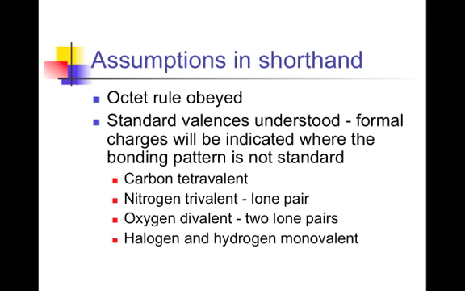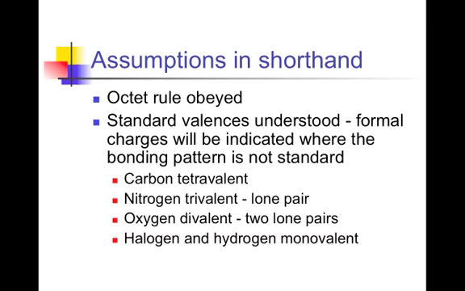When we use a shorthand, the important thing to understand is what assumptions you're making. We're not going to use a shorthand if there are very strange structural features that need to be highlighted. In other words, when we use a shorthand form of structure, we're going to use mostly structures that have the octet rule obeyed and that have the standard valences.